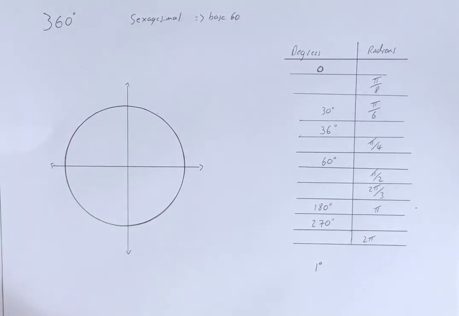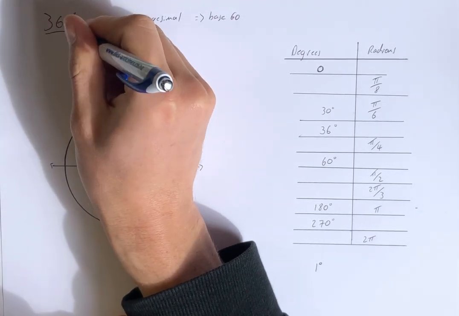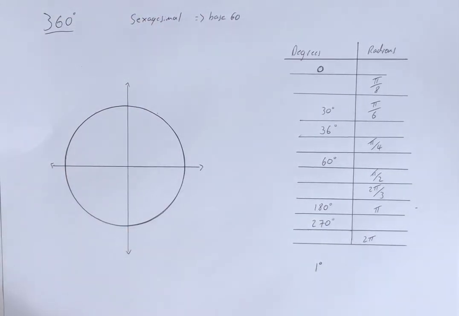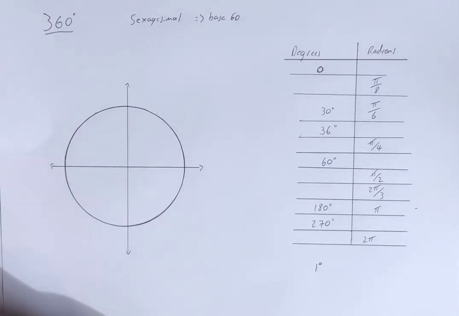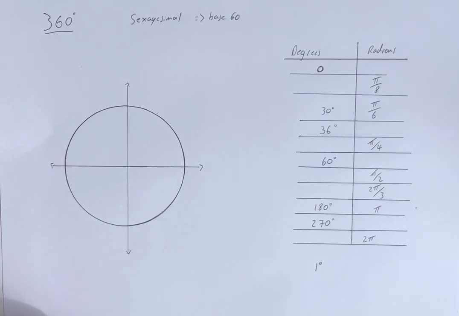So 360 is closely linked to the number of days in a year, but also this number can be divided into a hell of a lot of different segments. You've got 1, 2, 3, 4, 5, 6, 8, 9, you've got 12 and 18 and you've got 20.